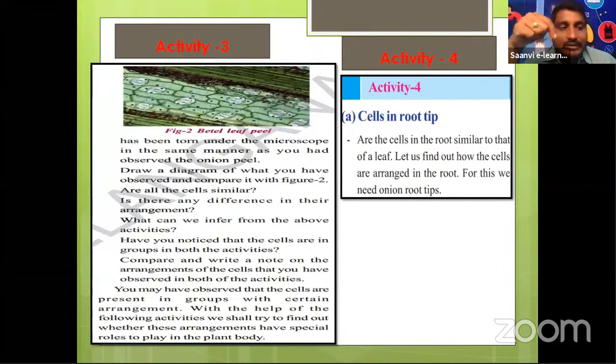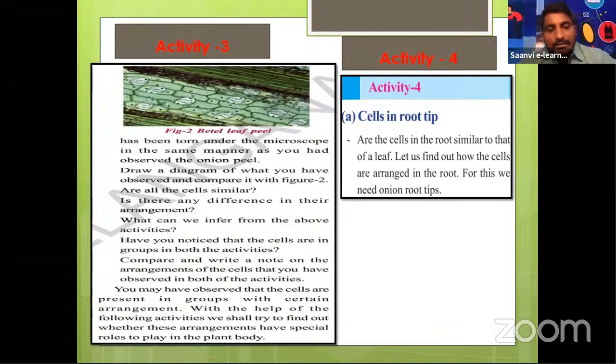Just as our nose is involved in the exchange of gases, stomata are also involved in the exchange of gases in plants. That's why we can consider the stomata to be the nose of the plant.